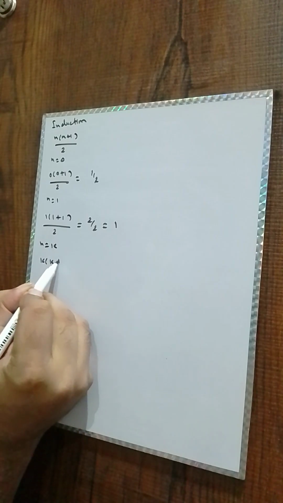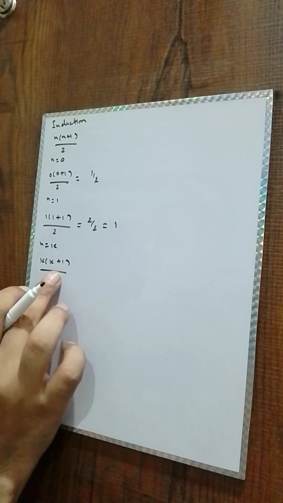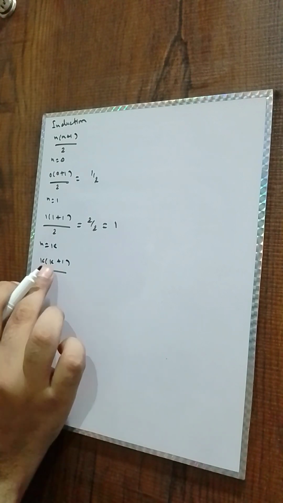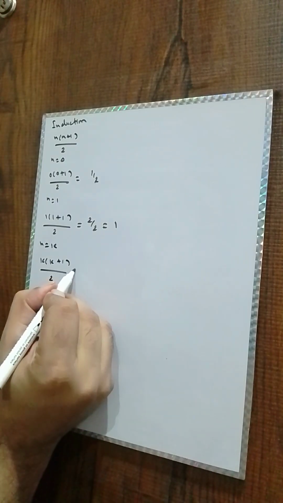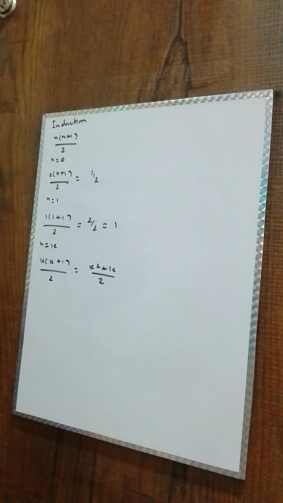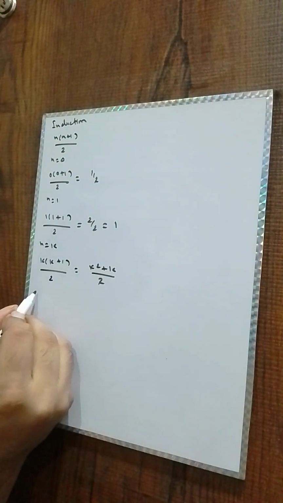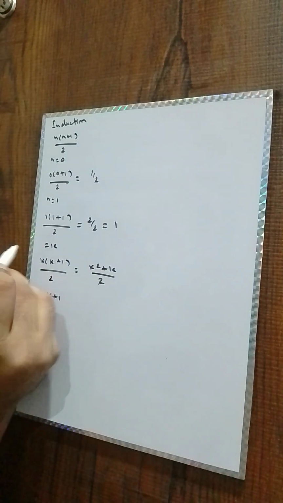So k into k plus 1 by 2. We can expand it: k square plus k by 2. Yes. And then we put n is equal to k plus 1.